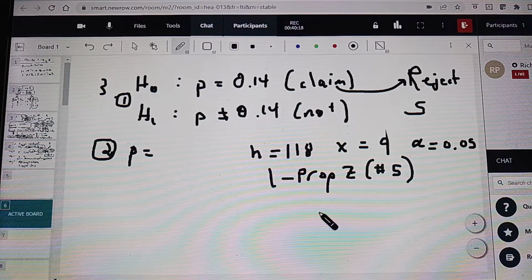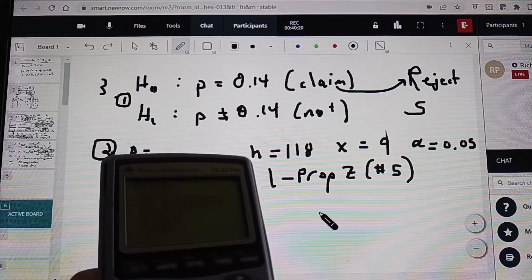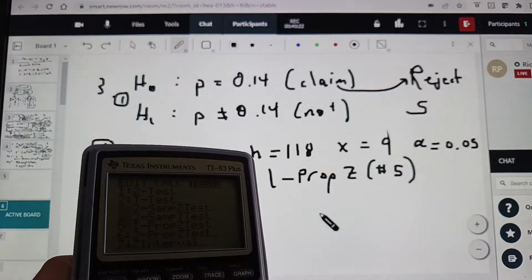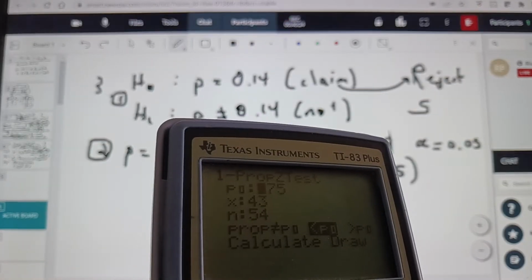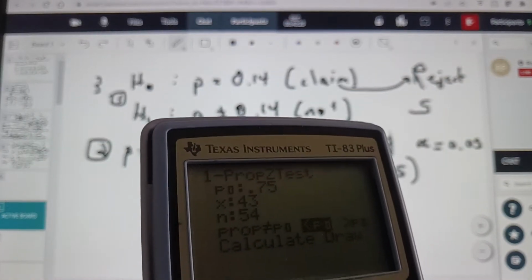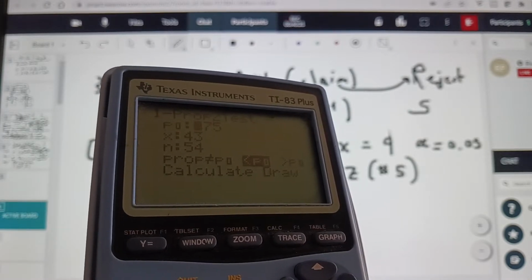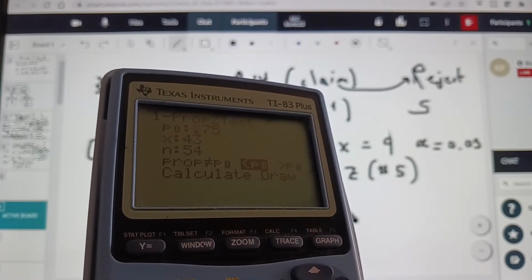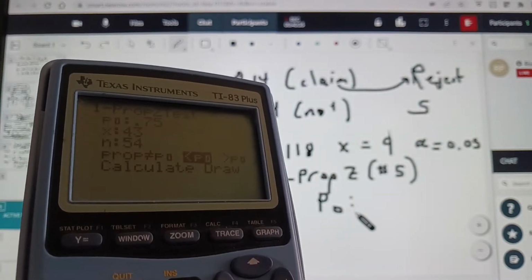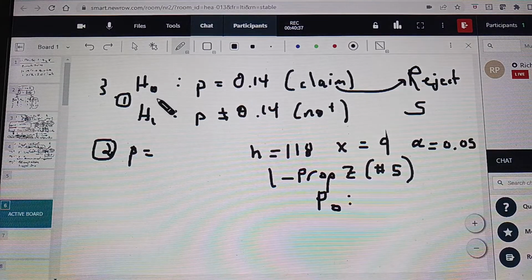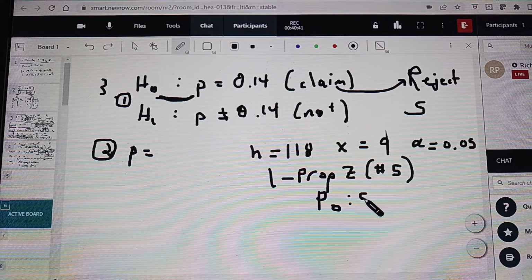So this one's pretty easy to fill into the calculator because you go to stat test number 5. There is no input at the top for data or stats. It only needs 3 numbers, and then you choose your alternative hypothesis. P0's right there, but you have to have it as a decimal, 0.14.